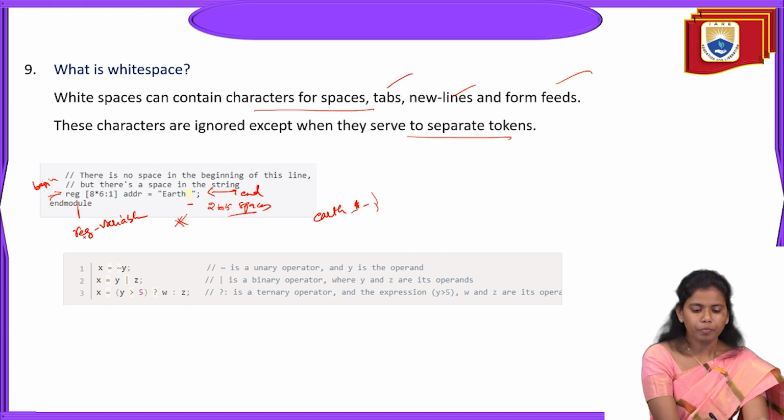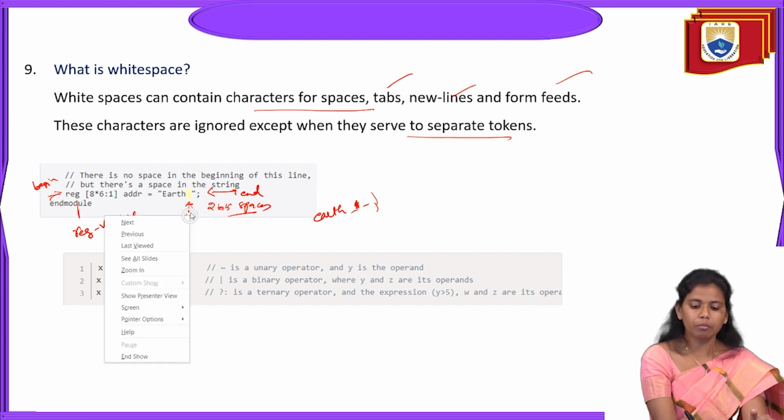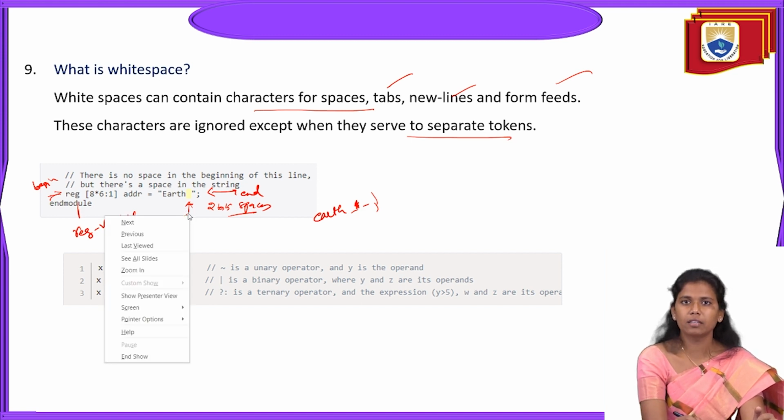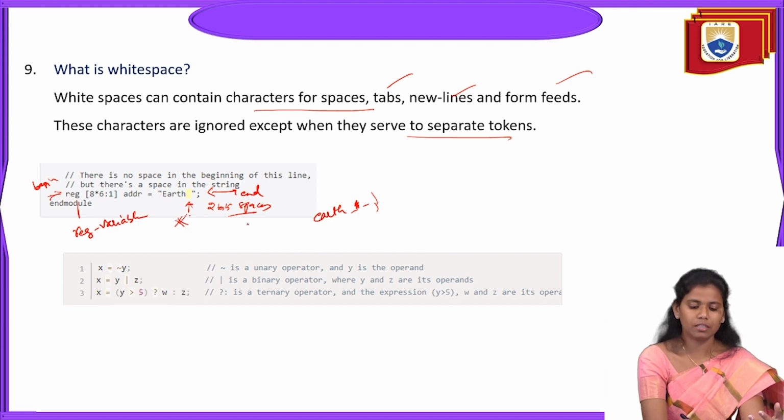Then after this, if you see, register 8 by 8 into 6 is to 1, address bits, and then earth. Here you have this white space. So this white space doesn't matter at all. In some cases, when you are writing code, we may come across this kind of situation, but it doesn't matter a lot.